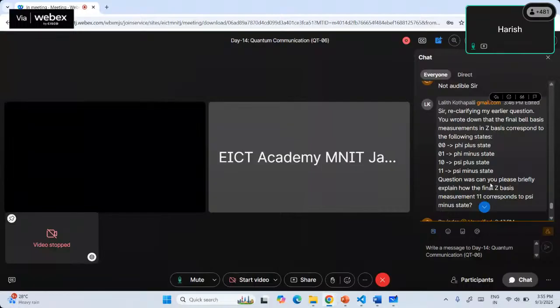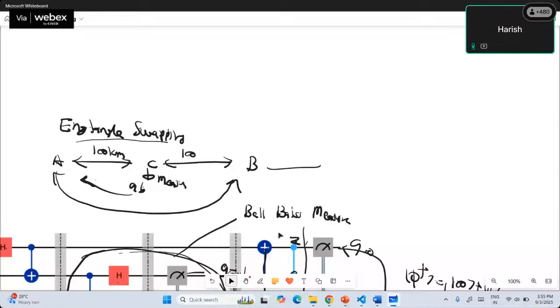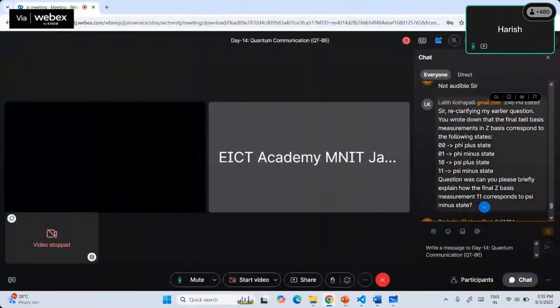Yeah, the question: can you please briefly explain how the final Z measurement 1 1 corresponds to psi minus? Okay, just a second. So the question was how you are able to make sure that 1 1 corresponds to psi minus.